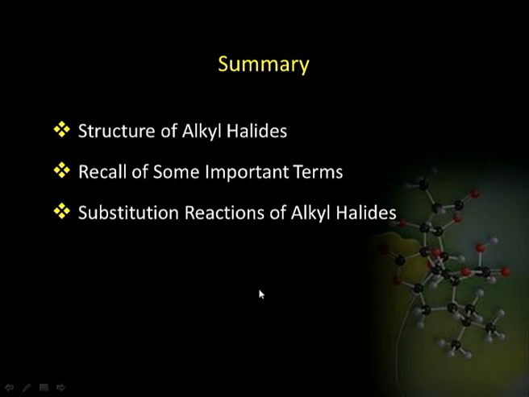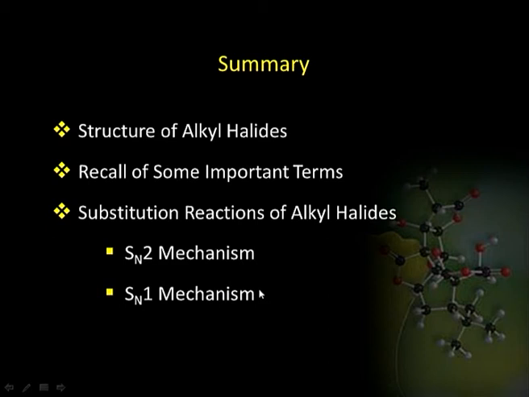The substitution reactions of alkyl halides follow two types of mechanisms, and these have been discussed in detail: the SN2 mechanism, which is a bimolecular mechanism, and the SN1 mechanism, which is a unimolecular mechanism.